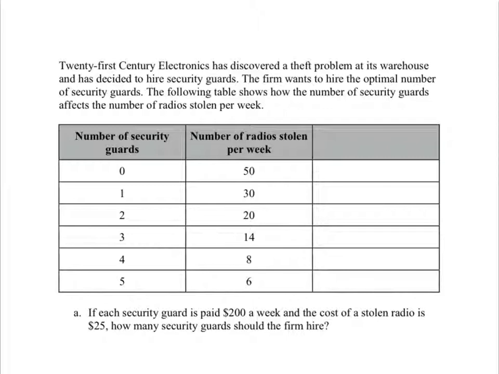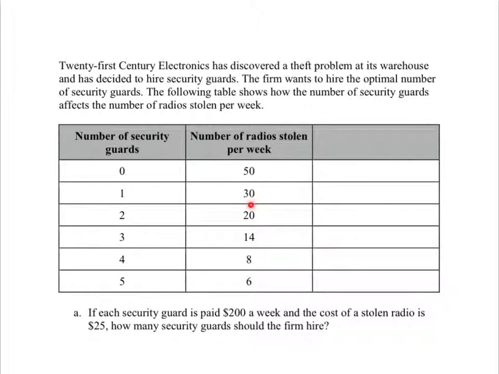As we see in the table, as the firm hires more security guards, the number of radios stolen decreases. 0 security guards, 50 stolen radios. We hire the first security guard and the number of stolen radios falls to 30 and so forth. So the more security guards, the fewer stolen radios.